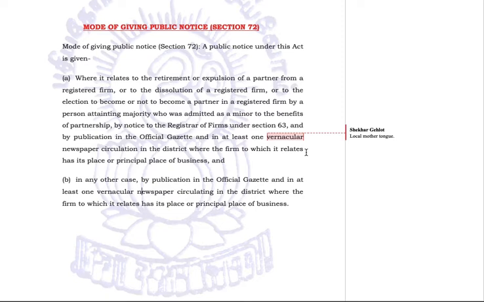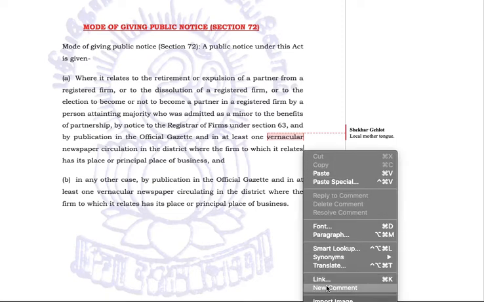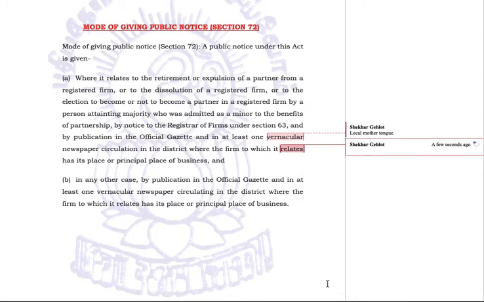Okay, now we have to give three types of notices. Three notices we have to give. One, to the registrar of firms. Publication in the official gazette.